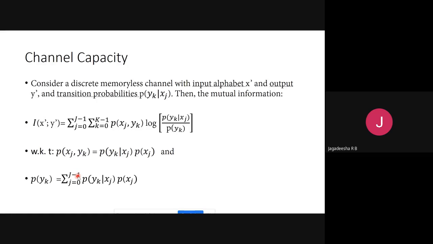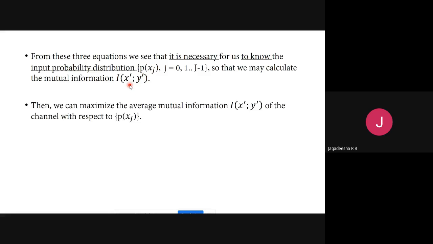So it is essential to also know the input probability to find the mutual information. If we know the input probabilities, then we can try to maximize this parameter, the mutual information.